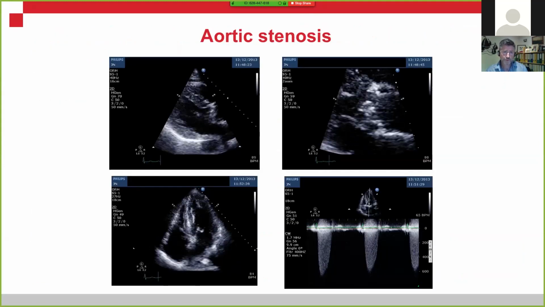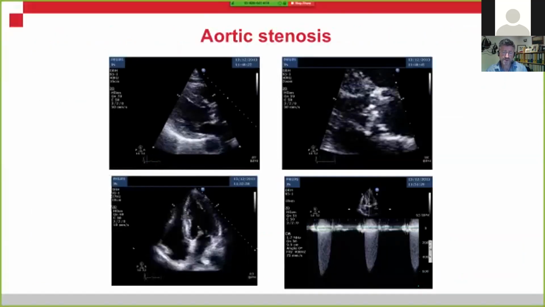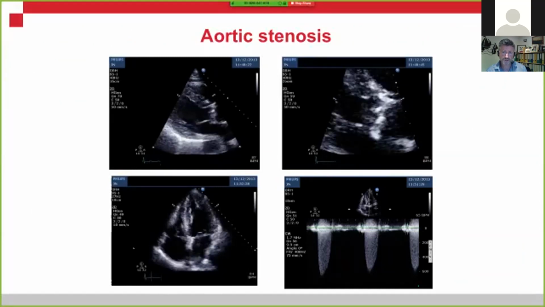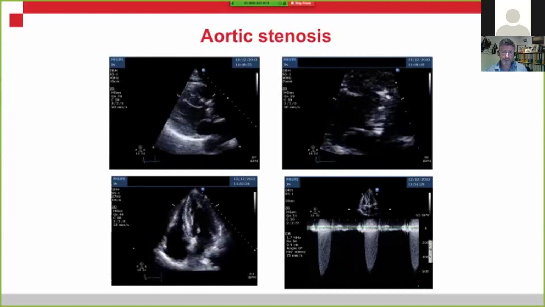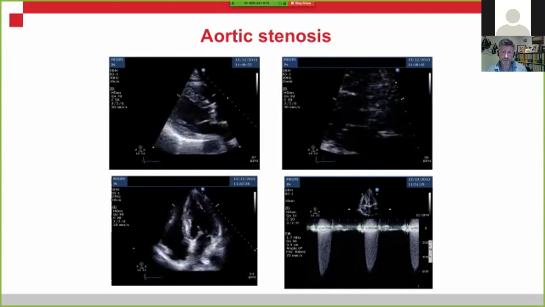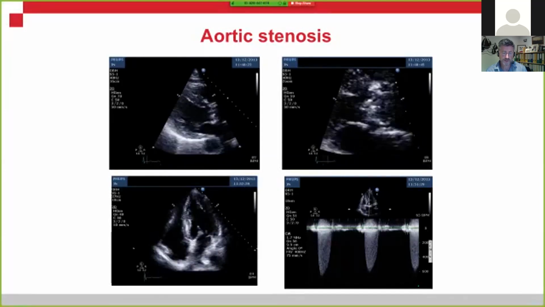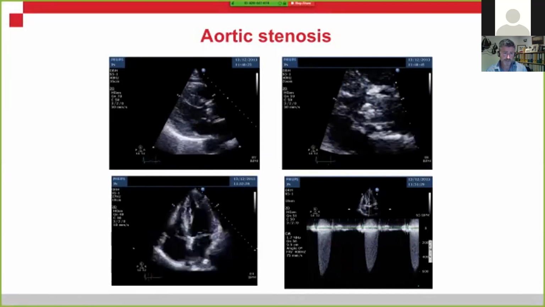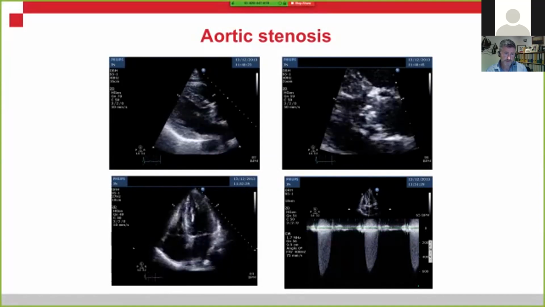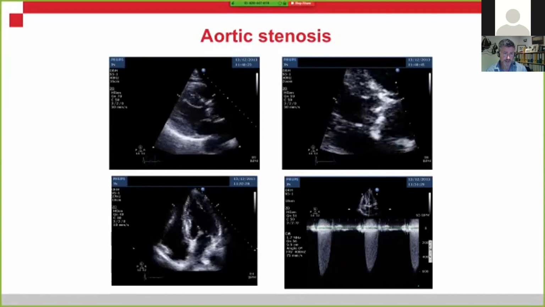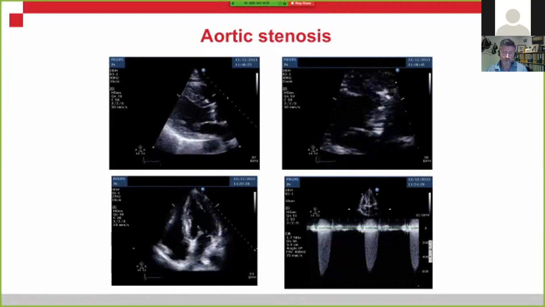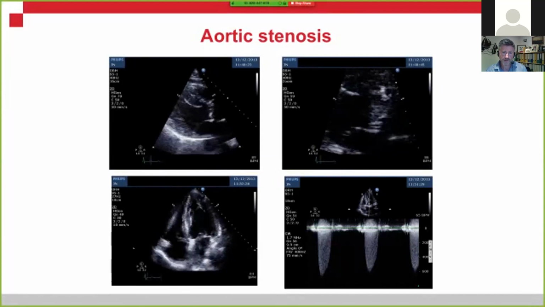So again, just what we see on echo in patients with aortic stenosis. In the top right-hand panel, you've got a very, very thickened, heavily calcified aortic valve. And as you can appreciate, really not much movement there. It's very, very fixed with reduced leaflet excursion. In the bottom left-hand panel, you've got good LV systolic function, but you've got significant LV hypertrophy in response to trying to pump that blood out through the thickened, narrowed aortic valve.